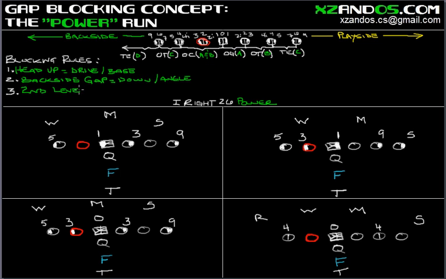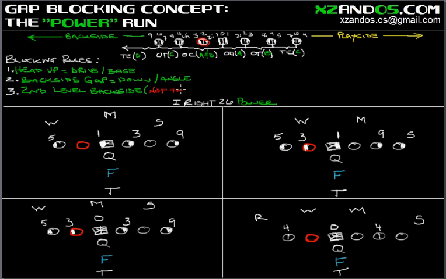backside, very important on this part, and I'm going to put this in red, and I'm color coding this in red for a reason. You'll see why by the end of the video. Do not block the point.